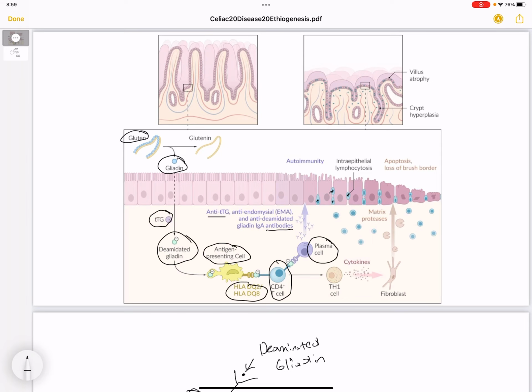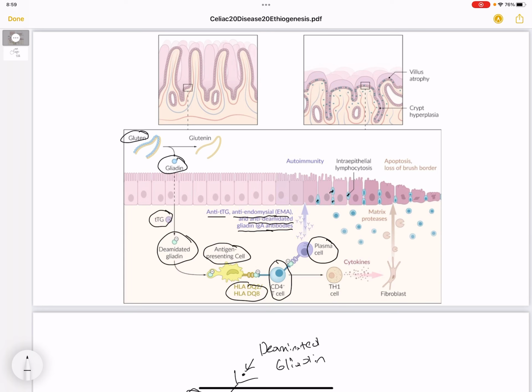So we have the antibody against the tissue transglutaminase, we have the anti-endomysial antibody, as well as the anti-deaminated gliadin IgA antibodies. These are going to be found in the blood work of a patient with celiac disease, and they can be used as markers to diagnose a person or a patient with celiac disease.